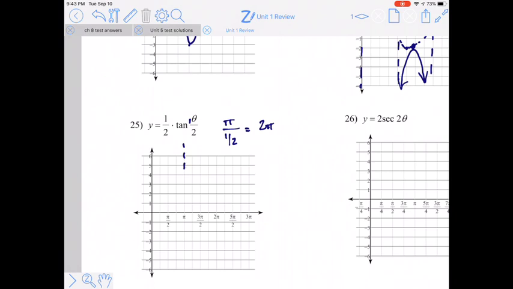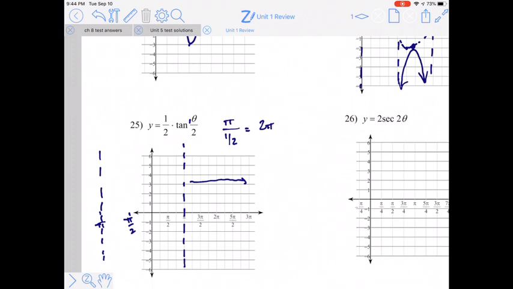So I place one here at pi, and then this would be negative pi halves, and over here would be negative pi. So I have another vertical asymptote here at negative pi. Or if you wanted to span a distance from pi to 3 pi, that'd be the same distance, the same period of 2 pi.